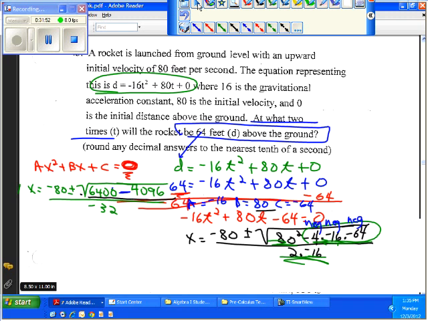We're now going to do the subtraction. We get x equal to negative 80 plus or minus the square root of 6,400 minus 4,096, which is 2,304. That was weird. 2,304 over negative 32.